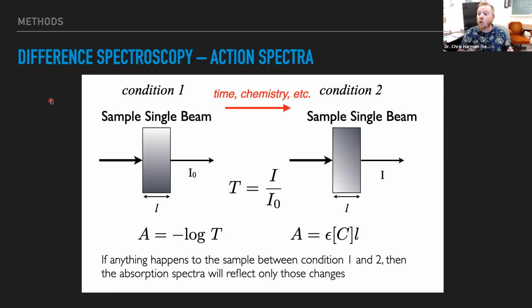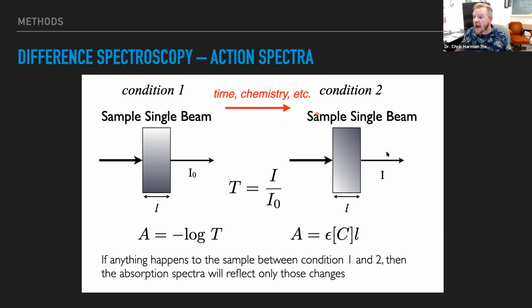Okay, so we don't have a blank in these experiments. We're loading up our sample into the drift cell or cuvette or whatever you would use, right? And of course, we then record a single beam background spectrum of that sample. And then now we do something to it, right? We do chemistry in some way.